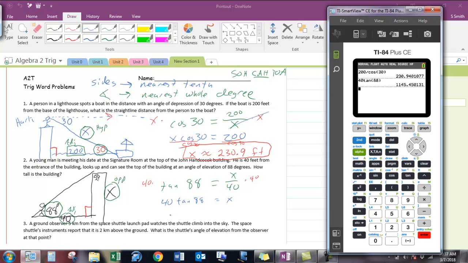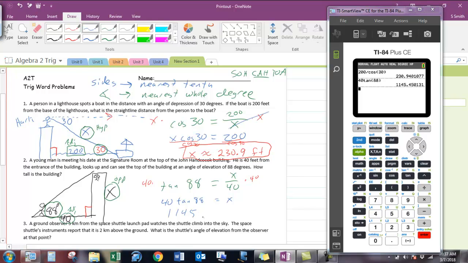I got approximately 1,145. This is a side, so 0.5 feet. X is approximately 1,145.5 feet. So when x is on top versus when it's on the bottom, when it's on top, it's easy. Just multiply. When it's on the bottom, you got to get it out from under there.